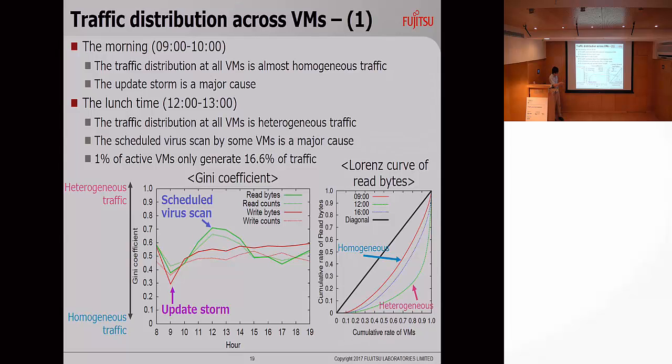Please look at the morning. In the morning, traffic distribution is almost homogeneous. In our case, the major cause of homogeneous traffic is the update storm.